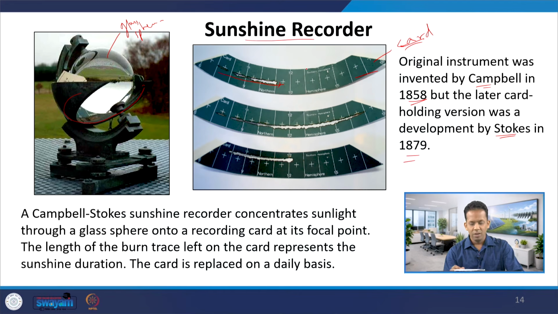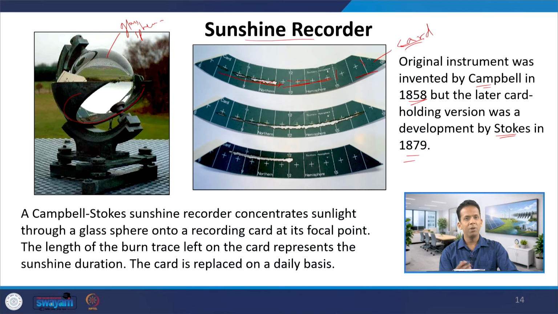There were some approximate guesses where you can make an inference, like when the card has got a complete hole, it means that at that time the sun was at its peak, and many times the card will just turn blackish. So the sun was not at its peak, but there was some radiation, and at some point of time, some portions of the card are not at all affected. So it means there was hardly any beam radiation going through it, and most of it is diffuse.